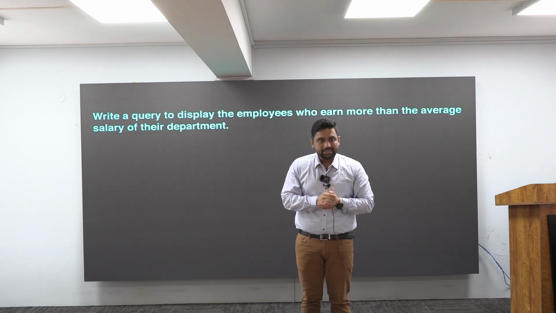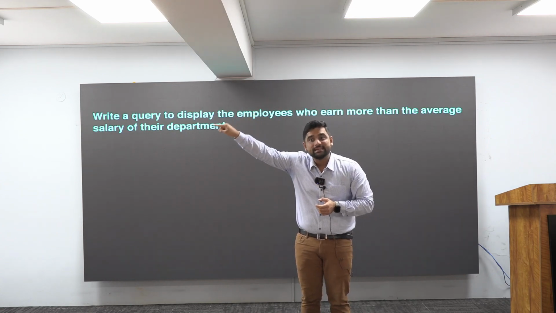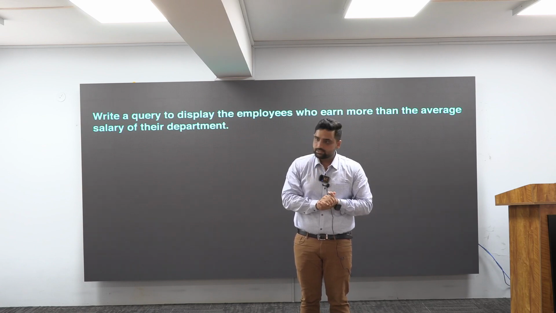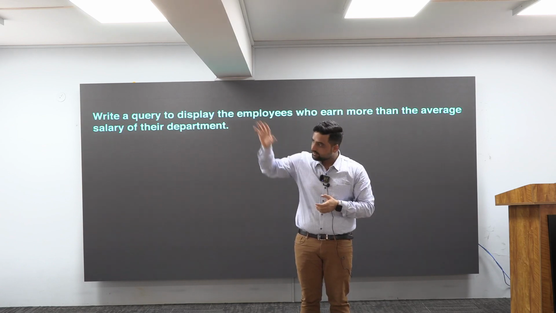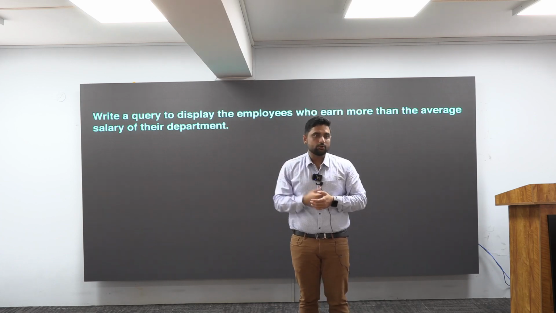If I am from the training department, my salary should be greater than the average salary of the training department, then only I should be in the result. We should not compare with every department. That is what you have to think: how can you write this?